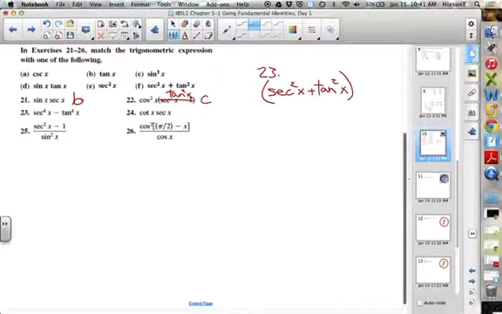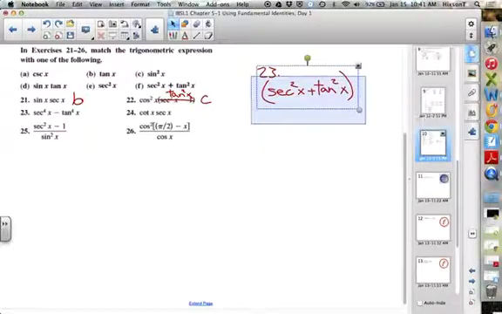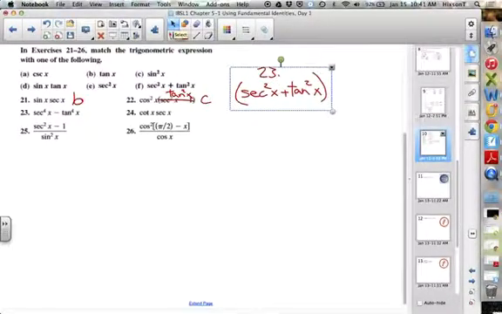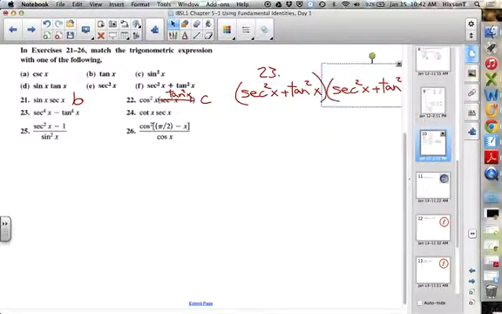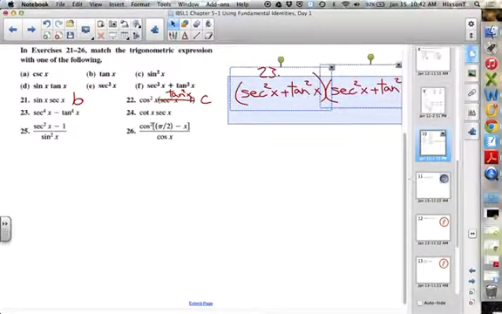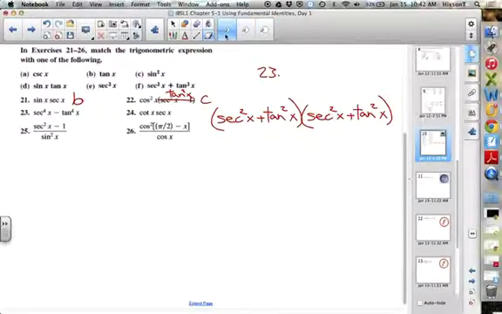So I have secant squared x plus tangent squared of x, times secant squared x minus tangent squared x. So it factors into conjugates because it's a difference of squares.